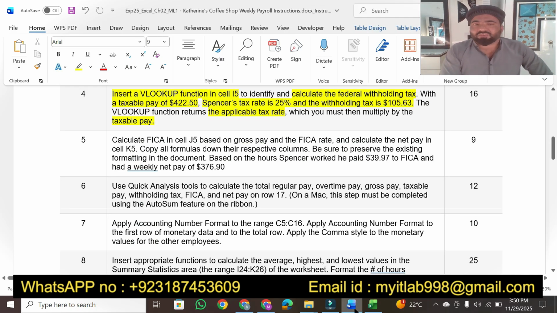In question number 4 we have to insert the VLOOKUP function in cell I5 to identify and calculate federal withholding tax with a taxable pay of 422.50. Sponsor tax rate is 25% and withholding tax is 105.63. The VLOOKUP function returns the applicable tax rate, which you must then multiply by taxable pay.